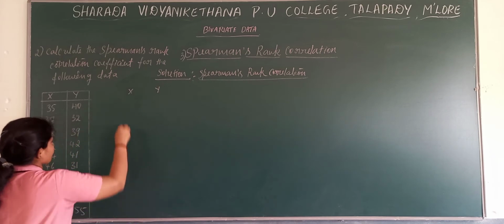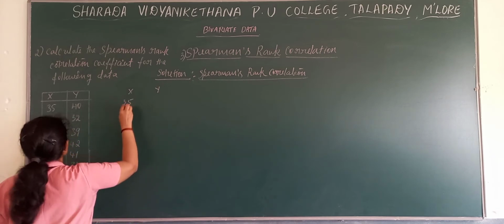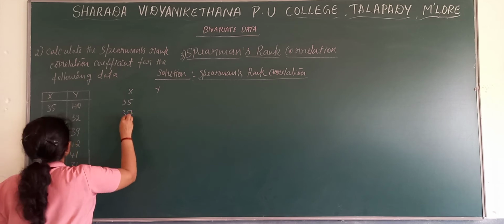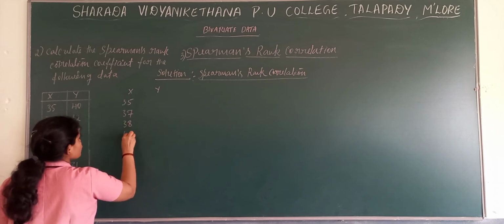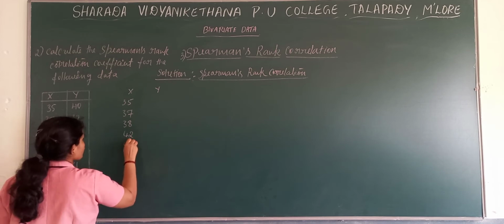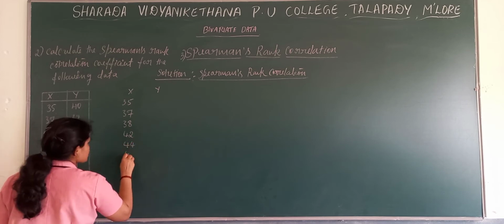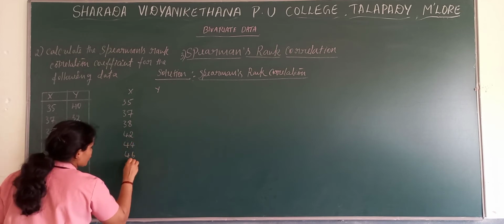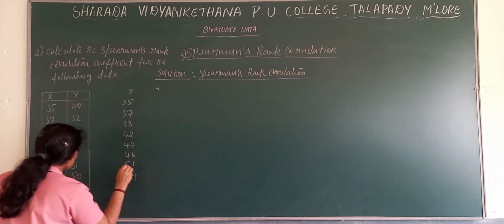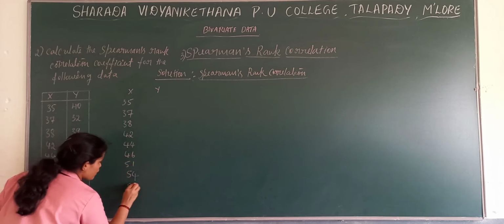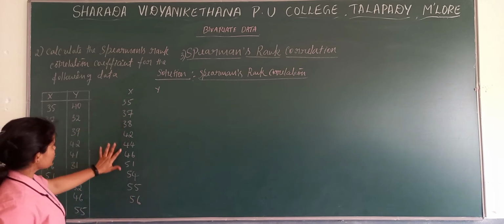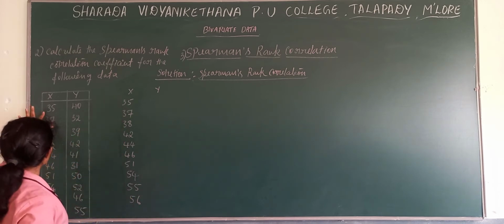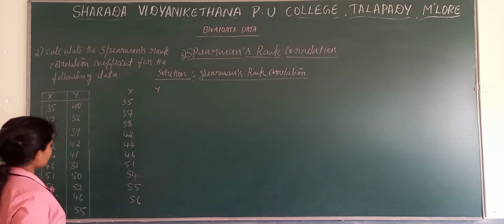What values do they have? 35, 37, 38, 42, 44, then 46, 51, 54, 55 and 56. How many values? 3, 6, 9 and 10. Here also 3, 6, 9 and 10.